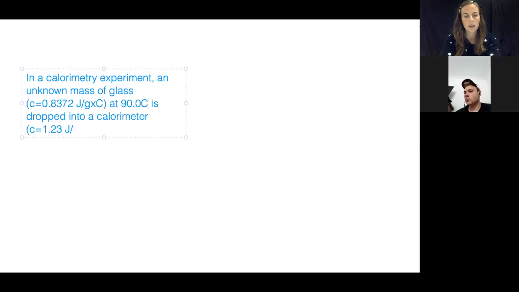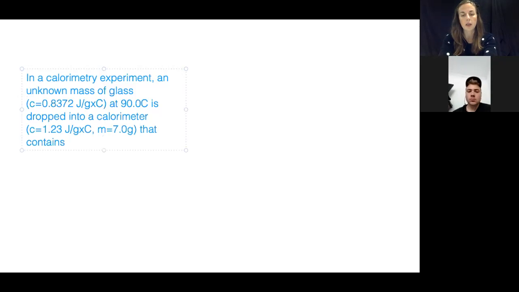I just want to type it out so you can see everything. And then it gives me the mass of the calorimeter, and it contains 75 grams of water.